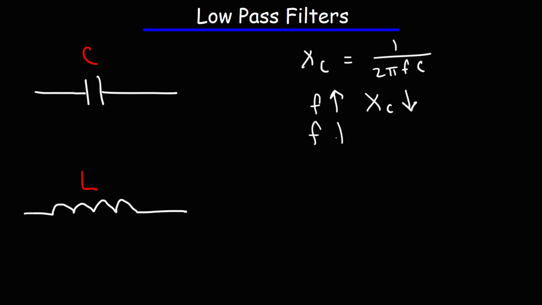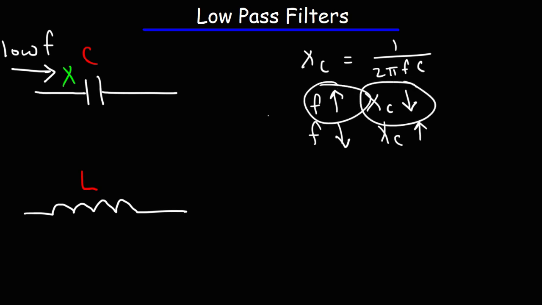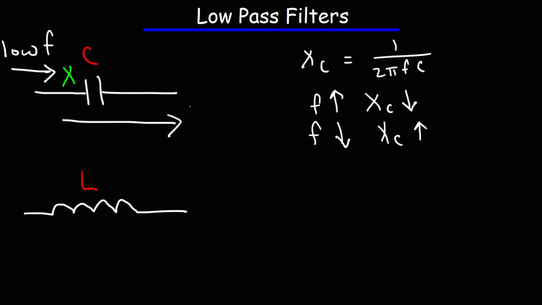And if we decrease the frequency, the capacitive reactance increases. So the impedance is high when the frequency is low. That means that capacitors block low-frequency signals. They greatly impede low-frequency signals. And the impedance is low when the frequency is high, which means that capacitors allow high-frequency signals to pass through relatively unimpeded.